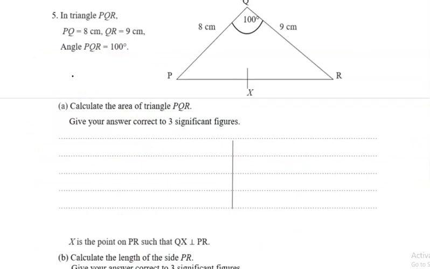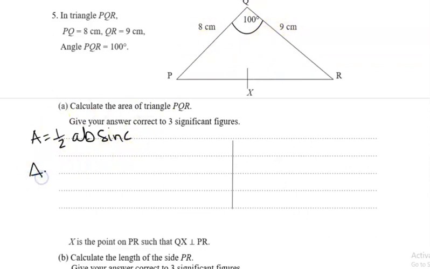Question 5. Here we have a triangle and we need to work out the area. So to work out area, we're going to do half ab sine C. Now how do we know this is what we need to do? Because when you look at the triangle, we don't have a right angle and we don't have the vertical height, but we do have side angle side. So that means we have to use this formula.